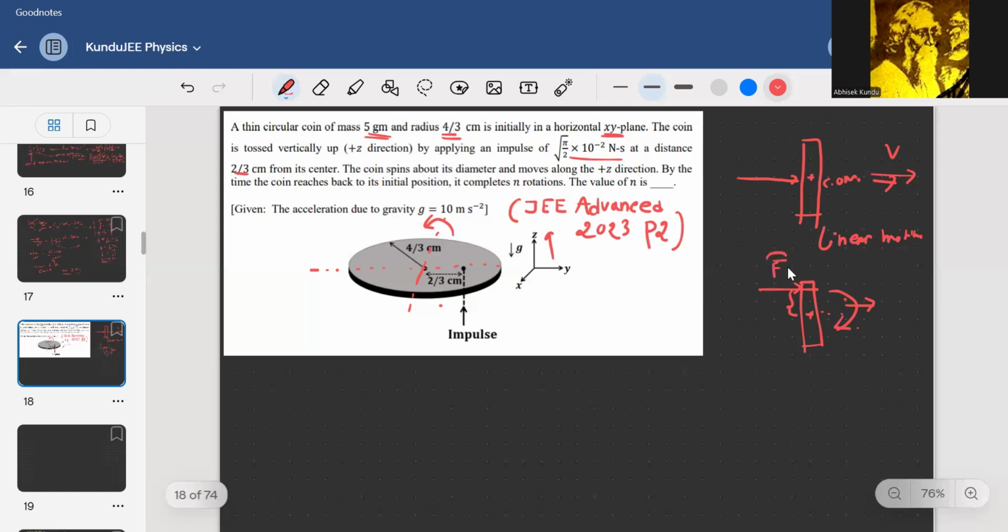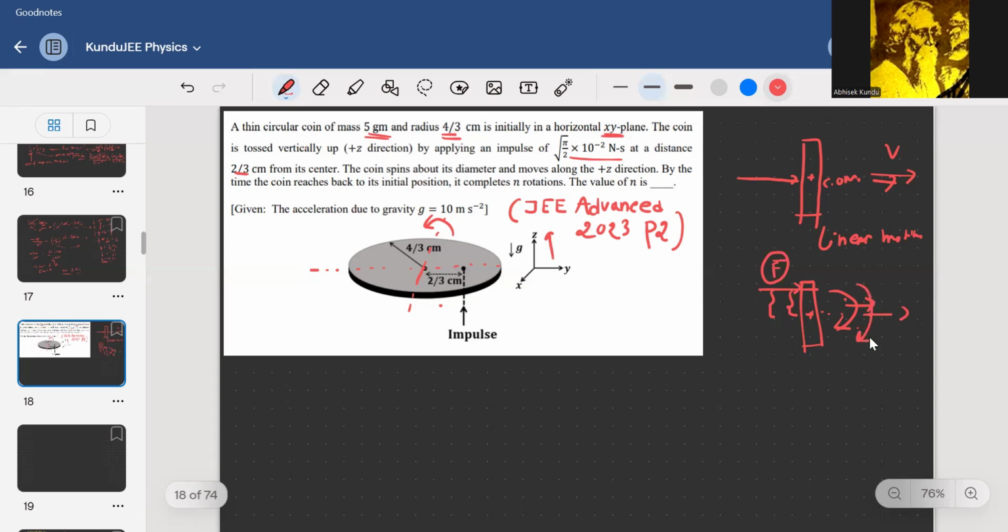Because with respect to the center of mass, this impulse will generate one impulsive torque. An impulsive force changes the linear momentum, and an impulsive torque changes the angular momentum. That means due to the impulse it will have linear motion, but due to the impulsive torque it will additionally have one rotational motion.